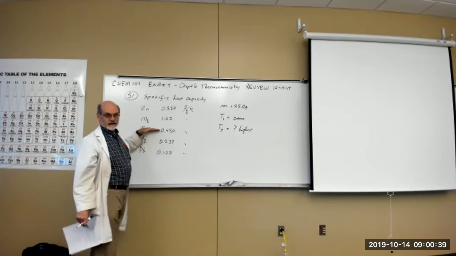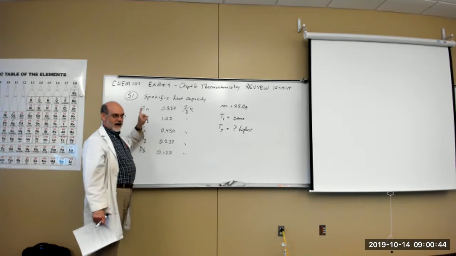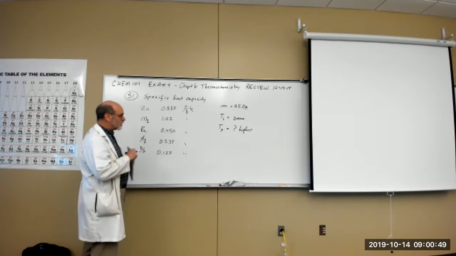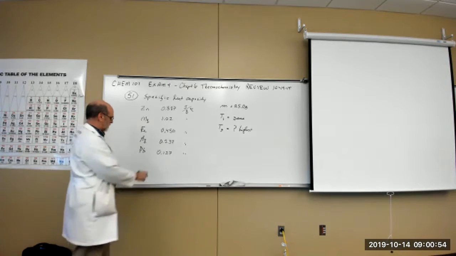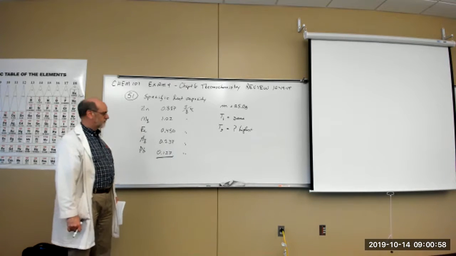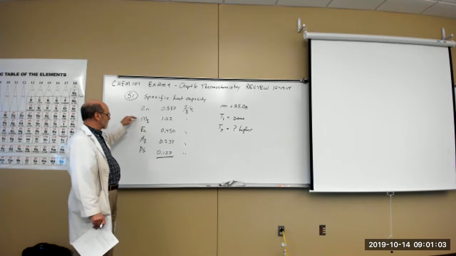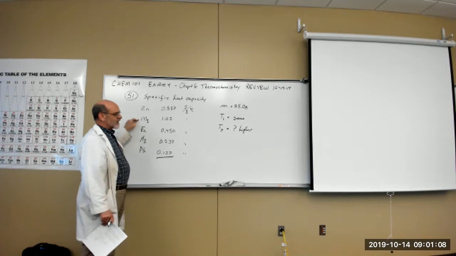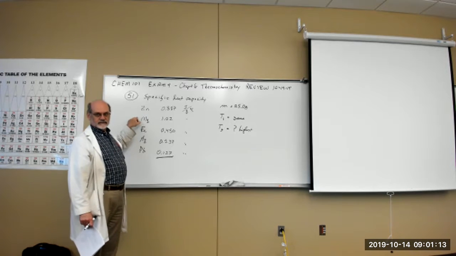So what's the trend? The smaller the value, the higher the temperature for the same amount of heat, right? So if you know that, which one of these would have the highest final temperature? The one with the smallest specific heat capacity. That's interesting. Magnesium has, well, actually it's slightly higher specific heat capacity than water. Water is 1.